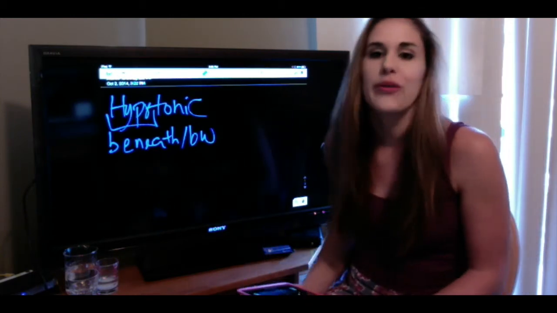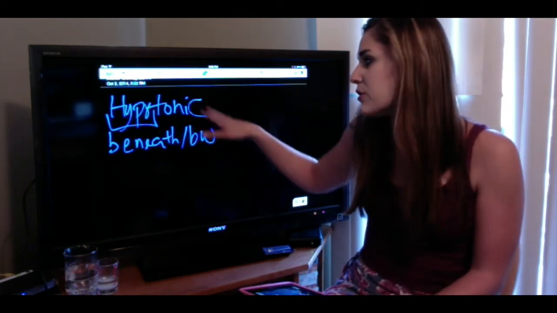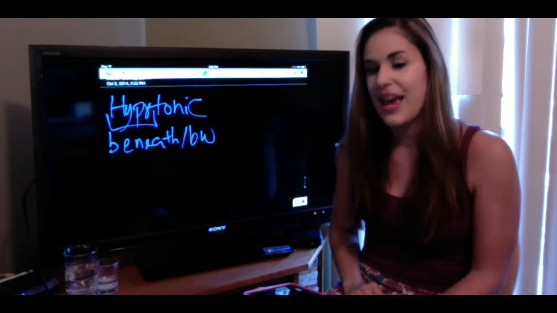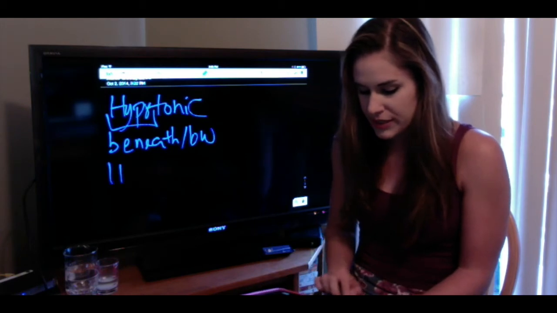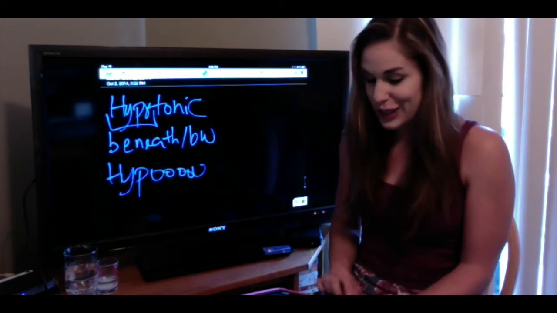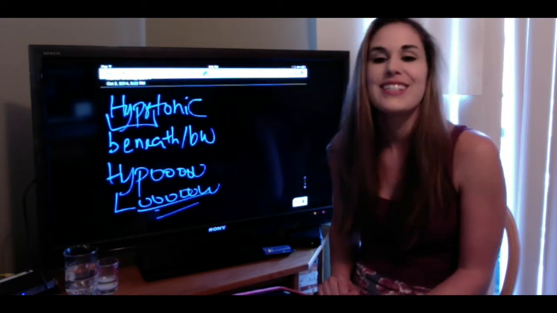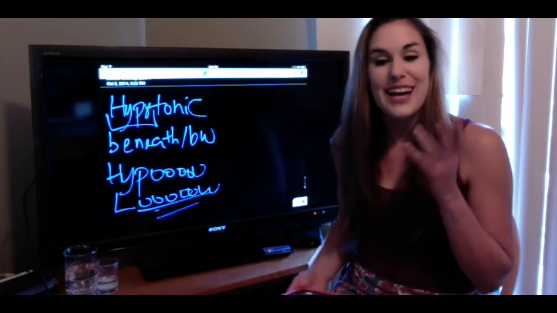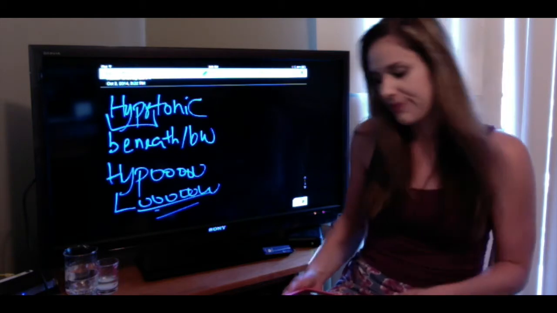And an easy way to remember that hypotonic, the tonic is just referring to the solute, so low solute is what this word means. Low solute, okay? And that is how I encourage you to remember hypo, low, all right?